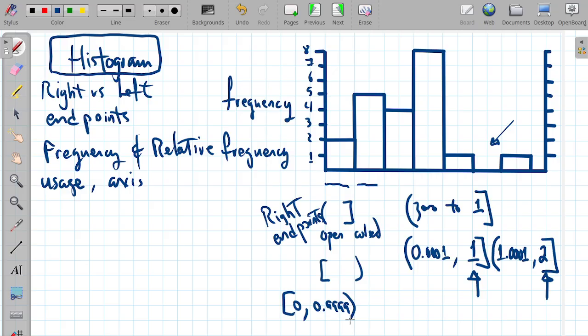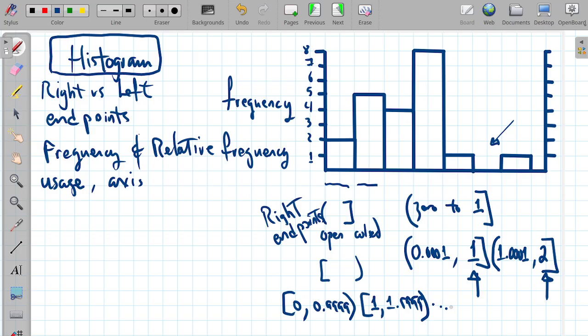That's fine. Then we would start with a closed interval again, exactly 1, and this will go up to 1.9999, and so on. So you need to know what endpoint is being used to interpret one of these histograms.